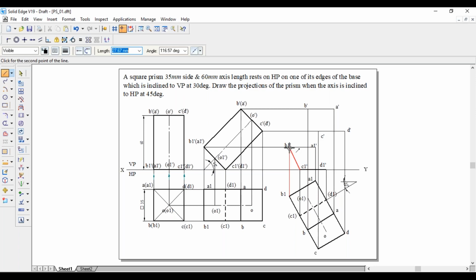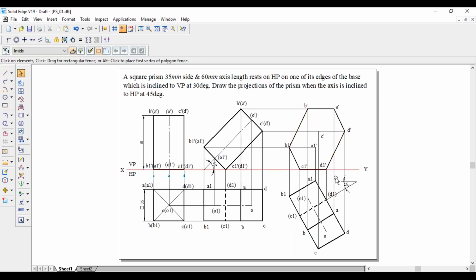Left side of this one you don't have any other points. Next, you can't join A dash because B dash is left side of this line, so B dash is the outer one. Next A dash, next D dash, the next D1 dash. So 1 2 3 4 5 6, these 6 points are outer points.